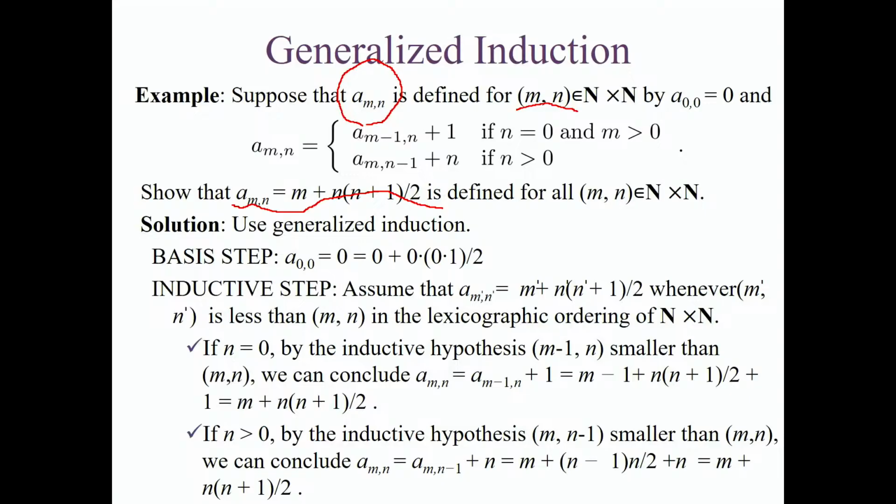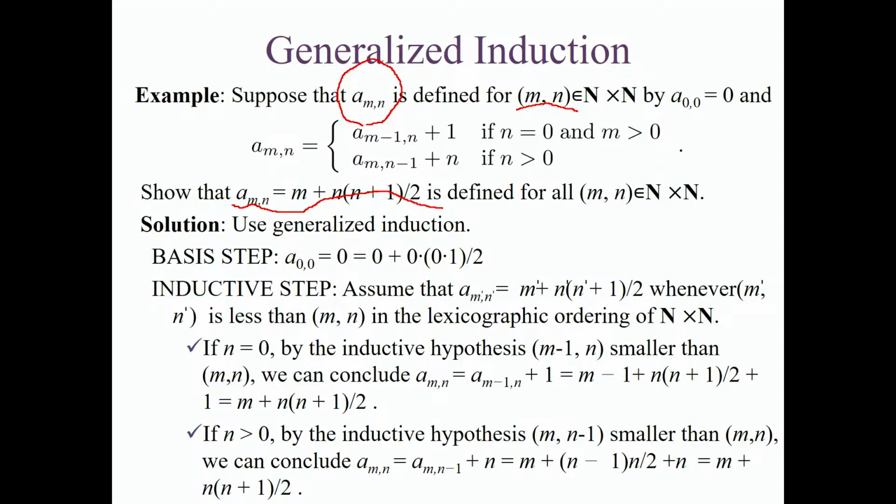Okay, next, let's see what happens if n equals 0 or n is larger than 0. By the inductive hypothesis, we know that (m minus 1, n) is less than (m,n) in the lexicographic ordering. Therefore we can conclude that A(m,n) follows the definition: it's A(m minus 1, n plus 1), because we assume n is 0, so we use the first equation.